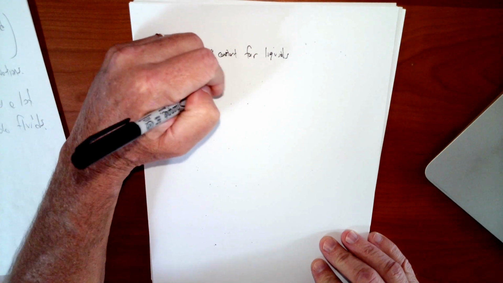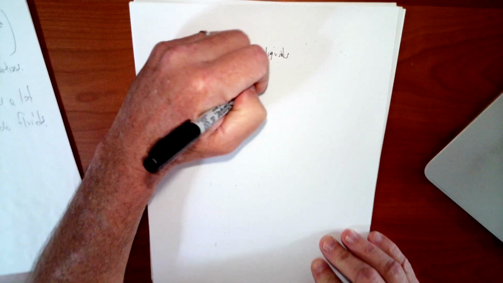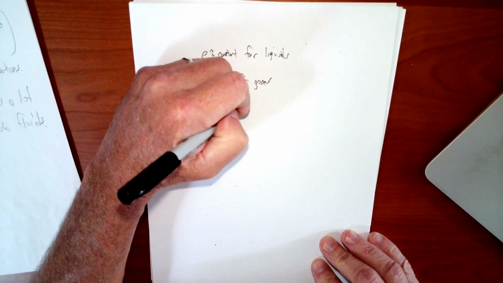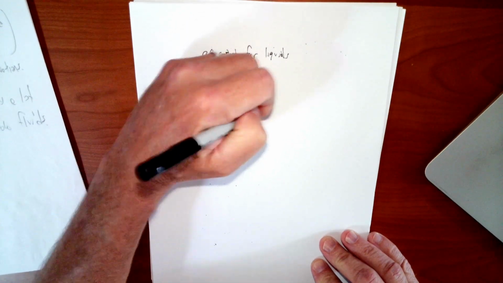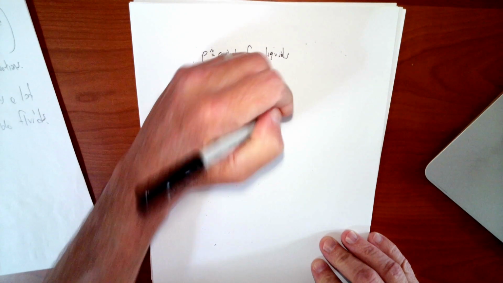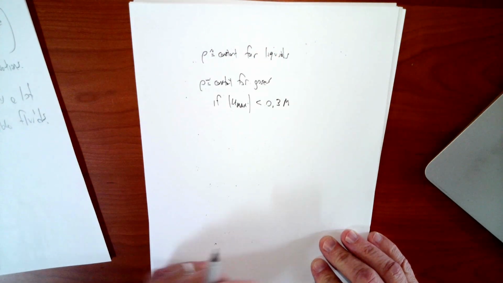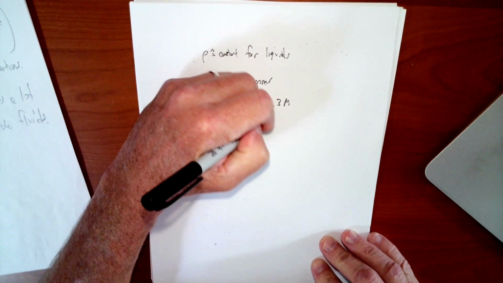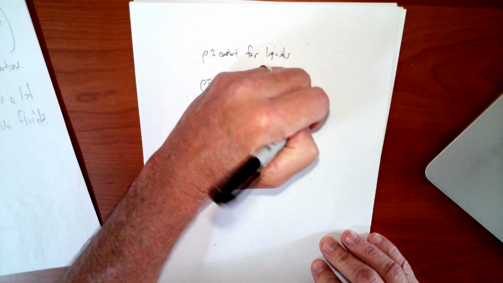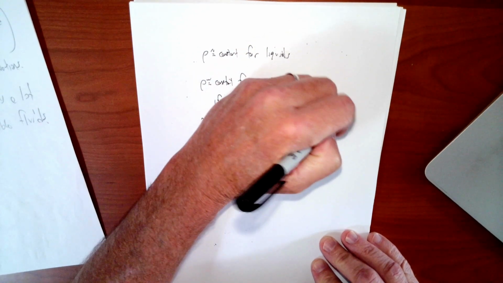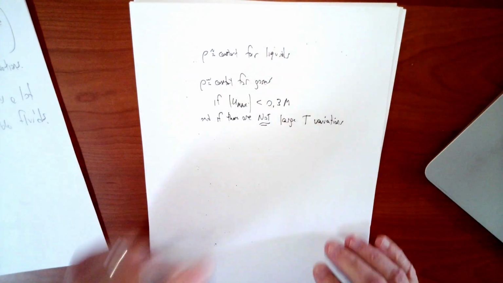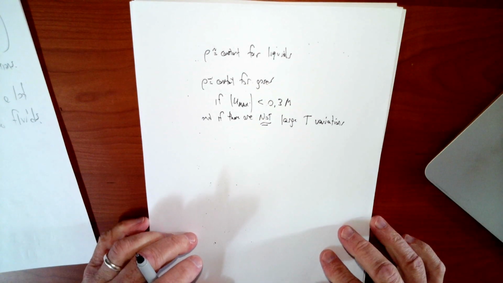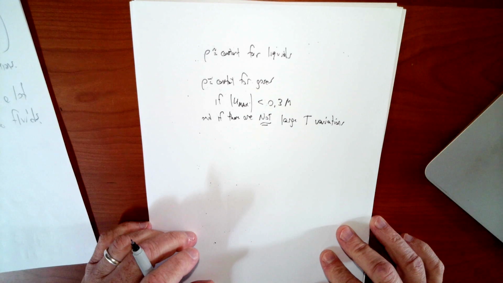Rho is approximately constant for gases under the limit that we've talked about: if U max, the maximum velocity in the problem, is less than about 0.3 of the Mach number, and if there are not large T variations. So it's not about whether T is hot or cold, but if T is changing a lot in the flow, then of course gases will change their volumes and therefore change their densities.